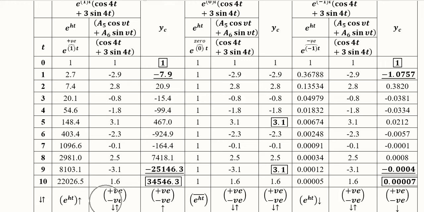The multiplicand part is increasing and decreasing, that is, having positive and negative signs, and the complementary function is also changing signs, but on the whole it is increasing because the value in absolute terms is increasing. Now the other case where h was equal to 0, the value of the multiplier is constant, so we have a bar on it.